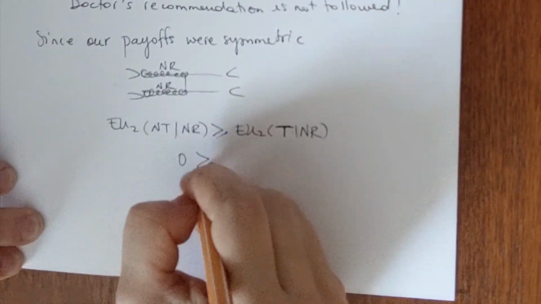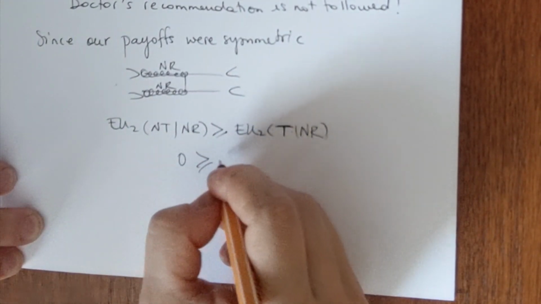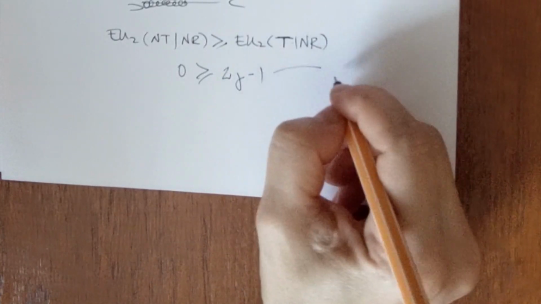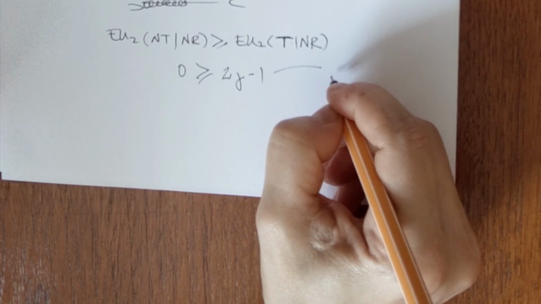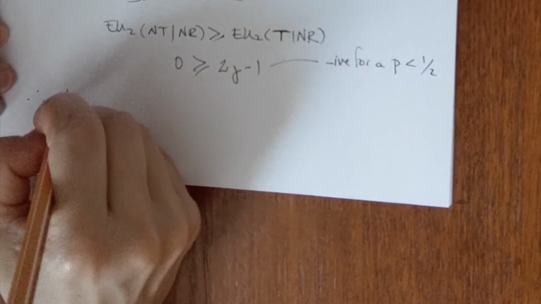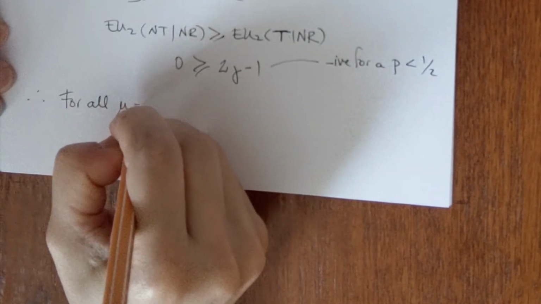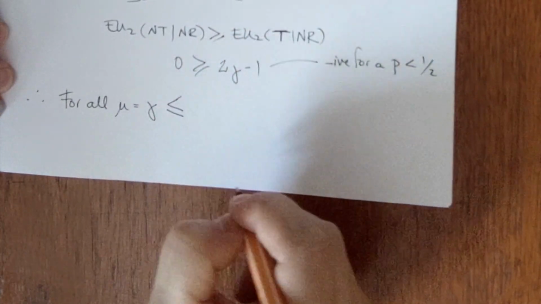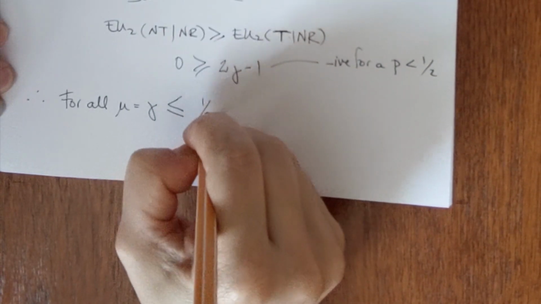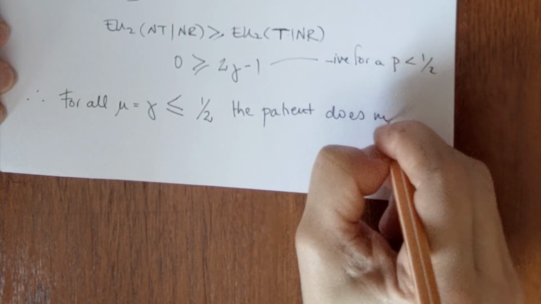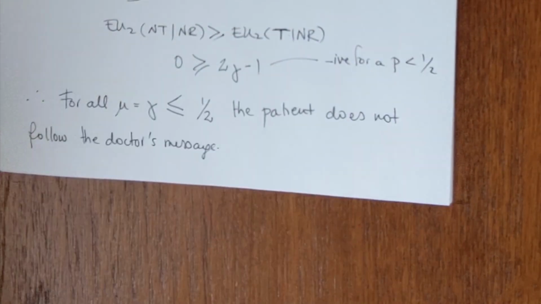And that was shown that 0 is greater than or equal to 2 gamma minus 1, where this expression is negative for all p less than half. Our conclusion, therefore, becomes that for all mu equal to gamma that are less than or equal to half, the patient does not follow the doctor's message.